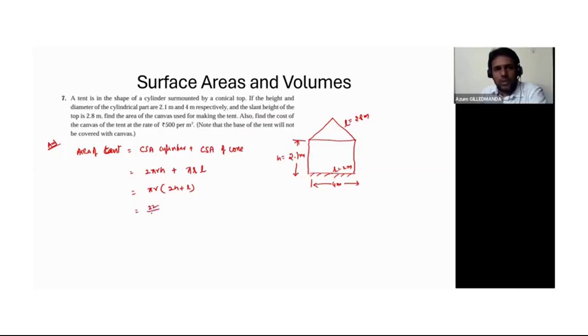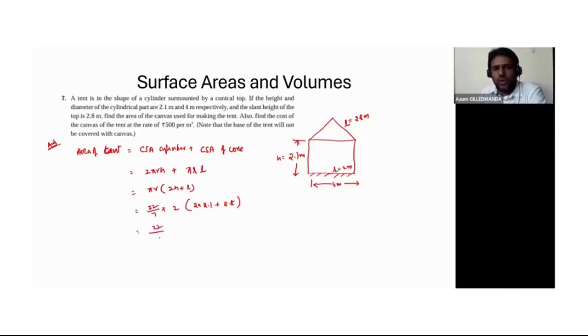Pi is, let's say, 22 by 7 into what is R? R is 2 meters. Into 2h. What is h? 2.1, plus what is L? 2.8. So 2 into 2.1 is 4.2. 4.2 plus 2.8 is 7, right?